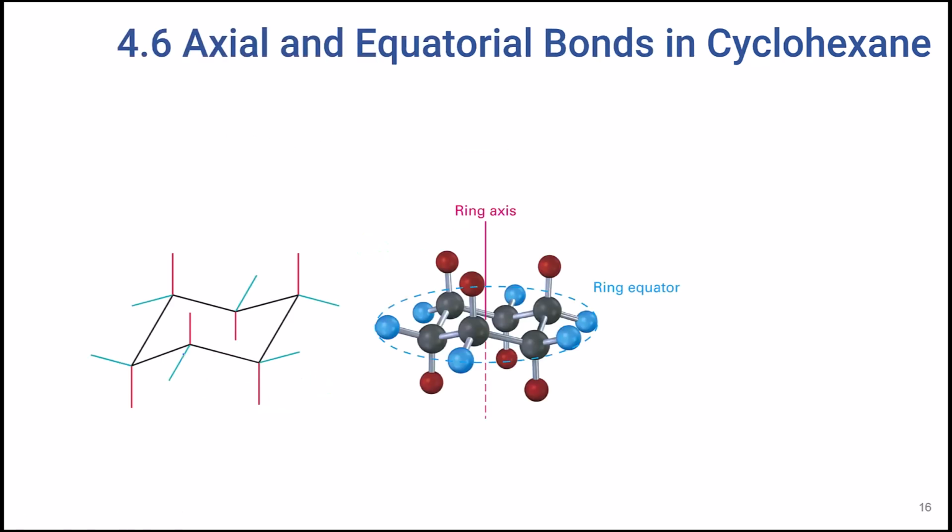Cyclohexane is going to have 6 axial hydrogens, which are perpendicular to the ring. Those will stick straight up and down. So axial, you can think of axis. These go straight up and down. And then we have 6 equatorial hydrogens.